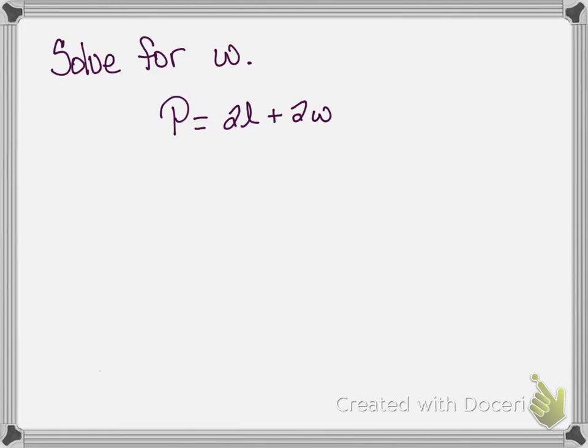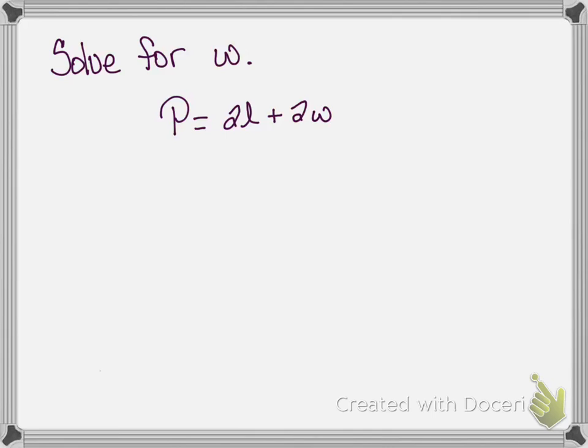Now what we are doing in this particular formula is we are solving for W. We are not plugging things in. There's not an x for us to isolate. What we are isolating is the W. So we are going to use our principles of solving equations, and we're going to isolate this W.